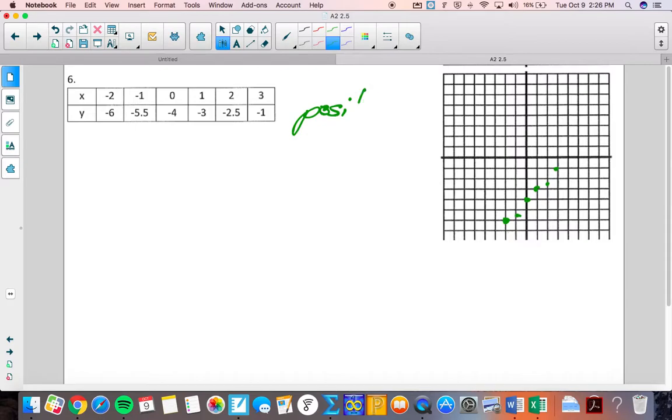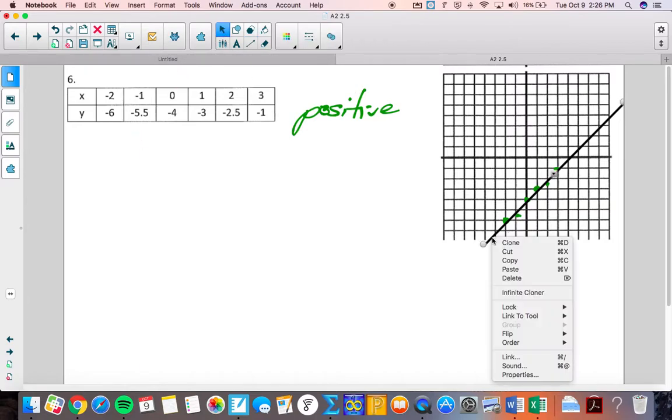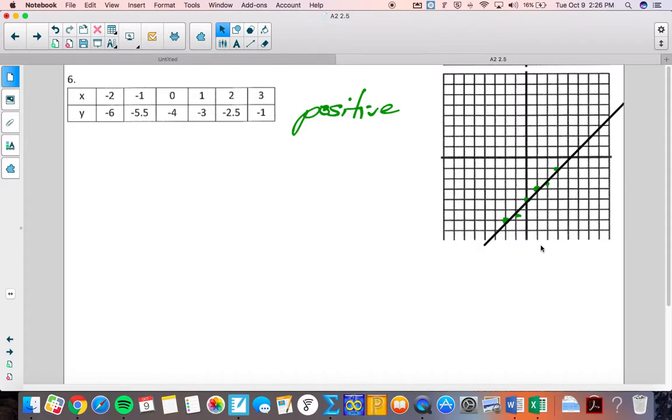As x increases, so does y. Straight line tool, hello. Make a straight line. Boy, that's not too bad. Probably should go up just a hair. I'm gonna call that good.